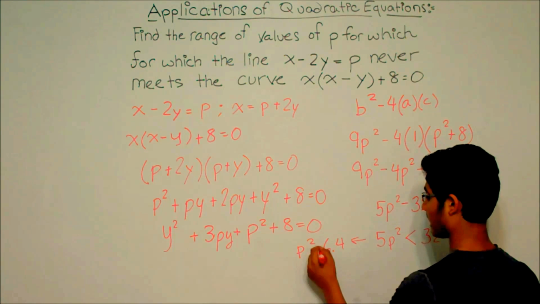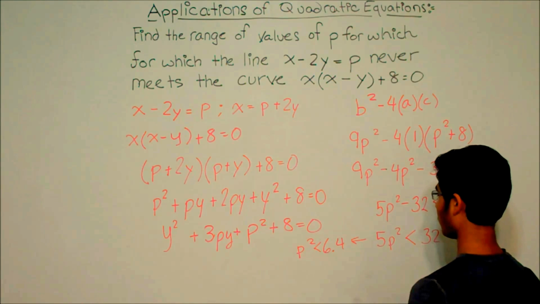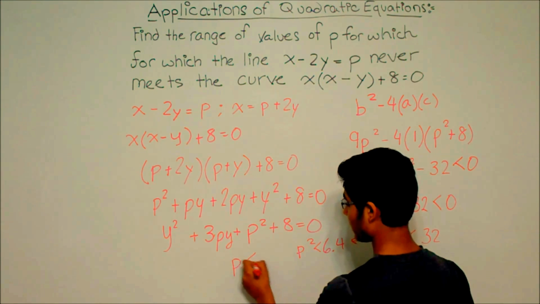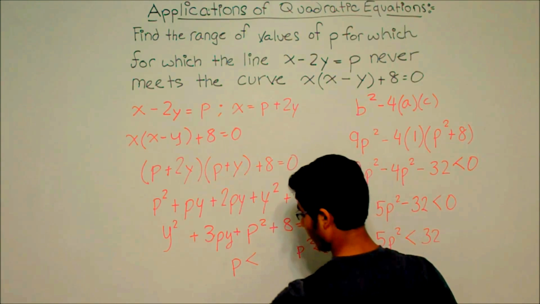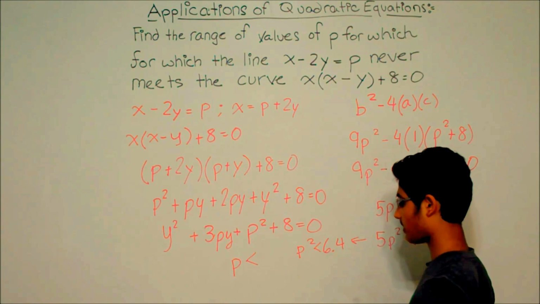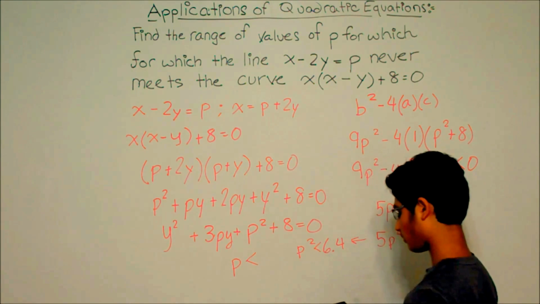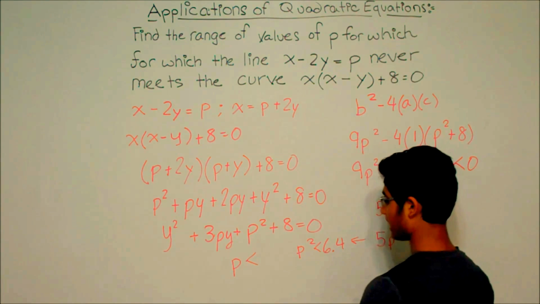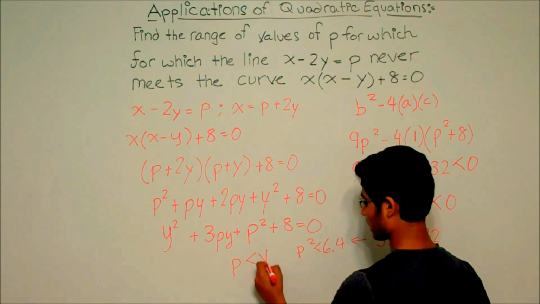So p squared is less than 6.4, making p less than the square root of 6.4.